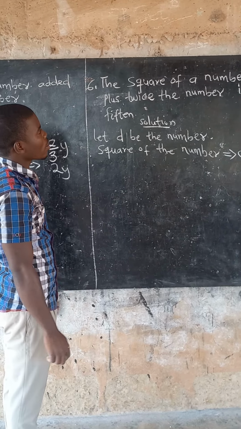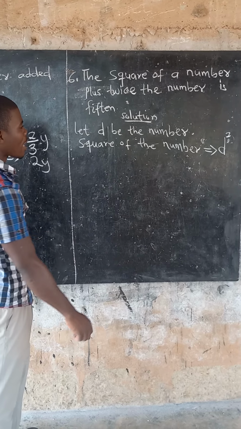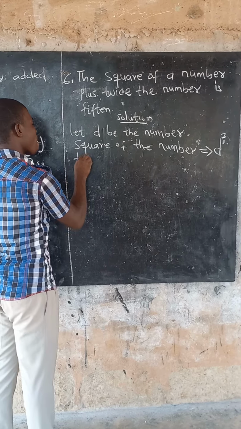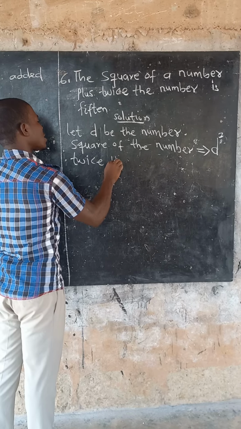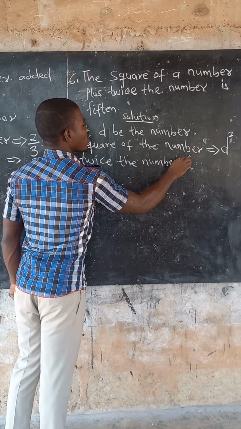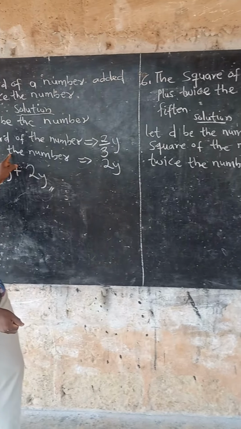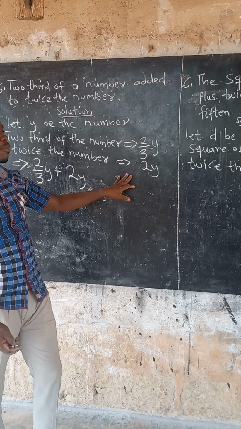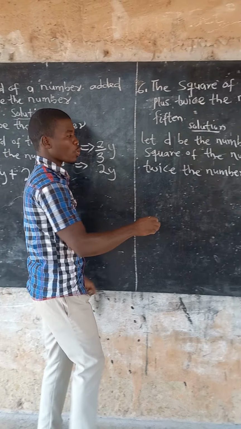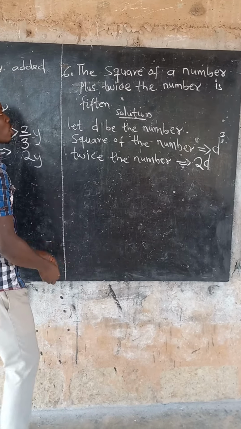Square of a number, twice the number. As we did here, twice the number, multiply the number by what? 2. So we have 2D.